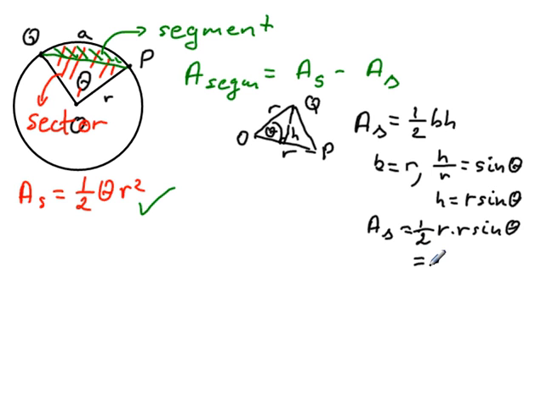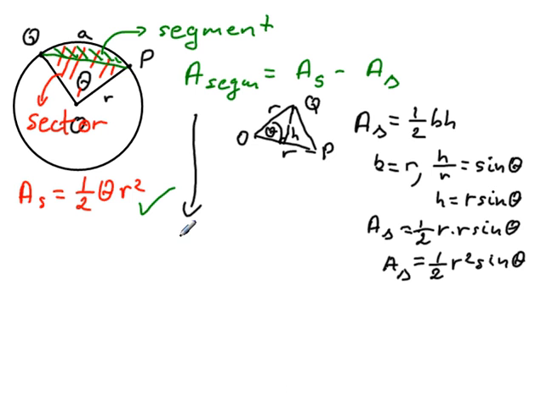Simplified, always simplified, the area of the triangle now is 1/2 r squared sine theta. So, as we said, the segment area is found as the difference between the sector minus the triangle. So let's do it.